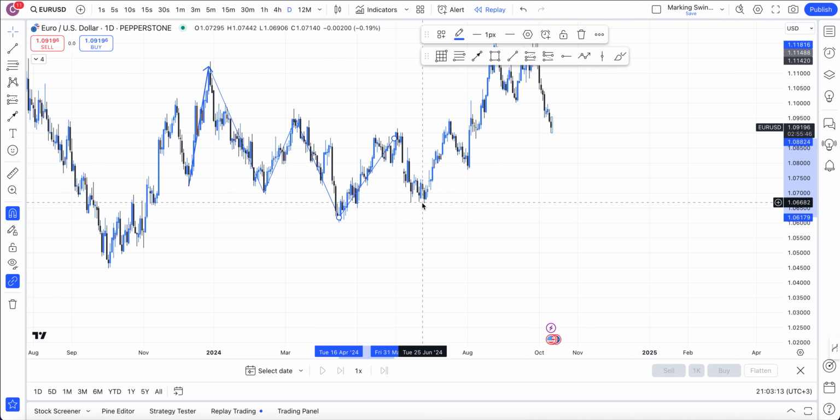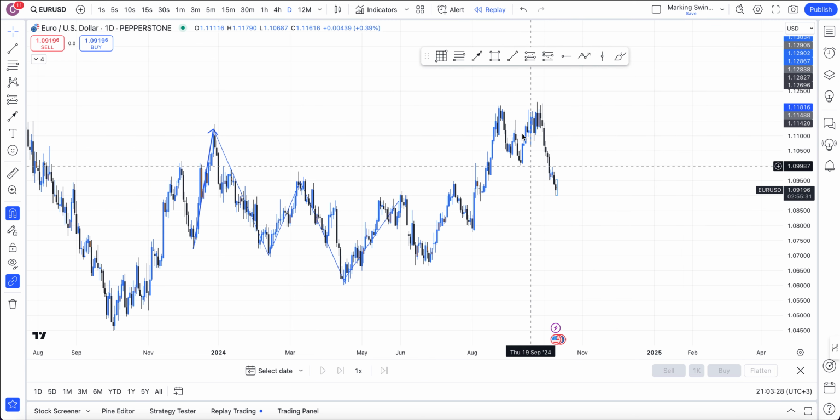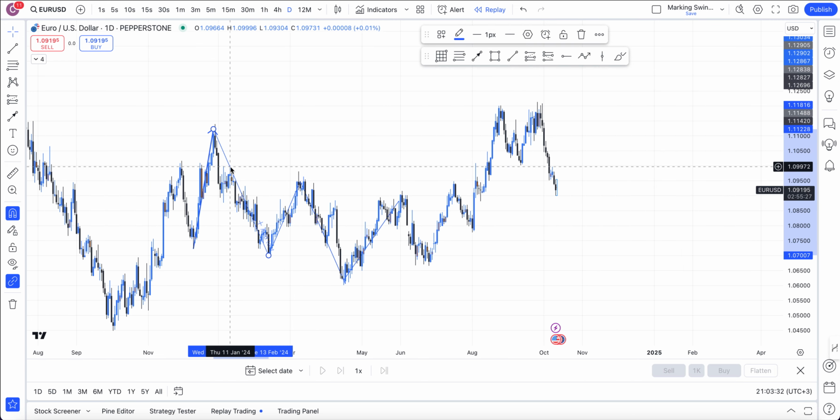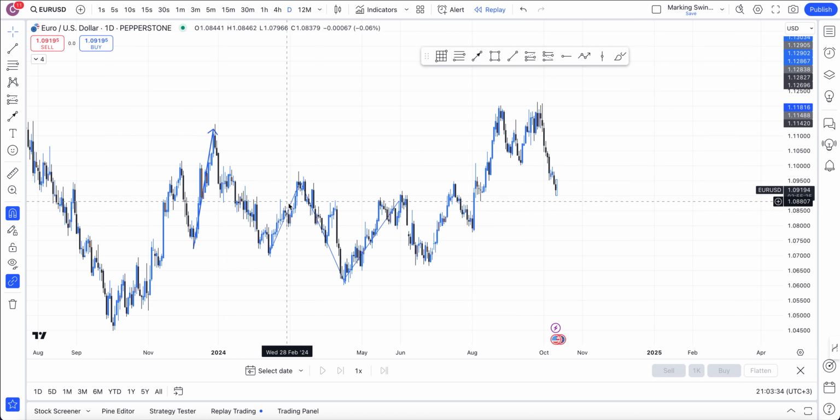So these are the market structure. That means we have strong points, like this is the high and this is the low, the high, the low, the high, the low. Let me just delete this and show you something.